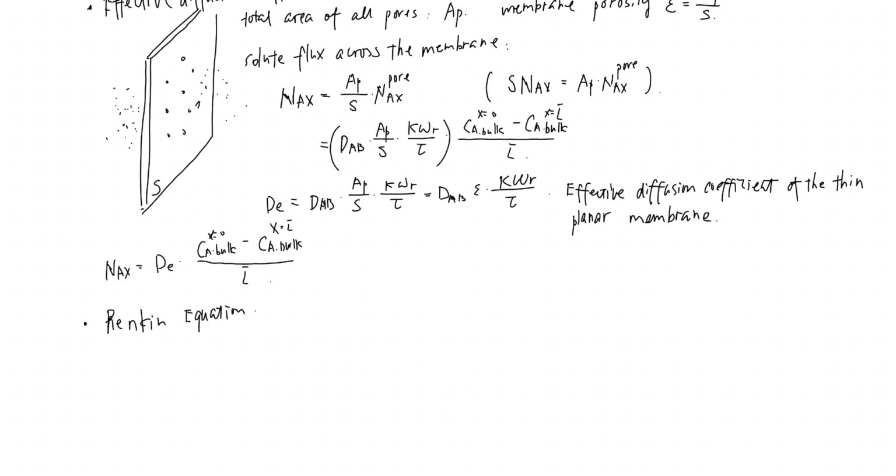The Renkin equation is from early on, when some scientists in the 1970s did some experiments to figure out the diffusion coefficient across some membrane, and it's more like a curve fitting. So this is empirical, from experimental curve fitting.